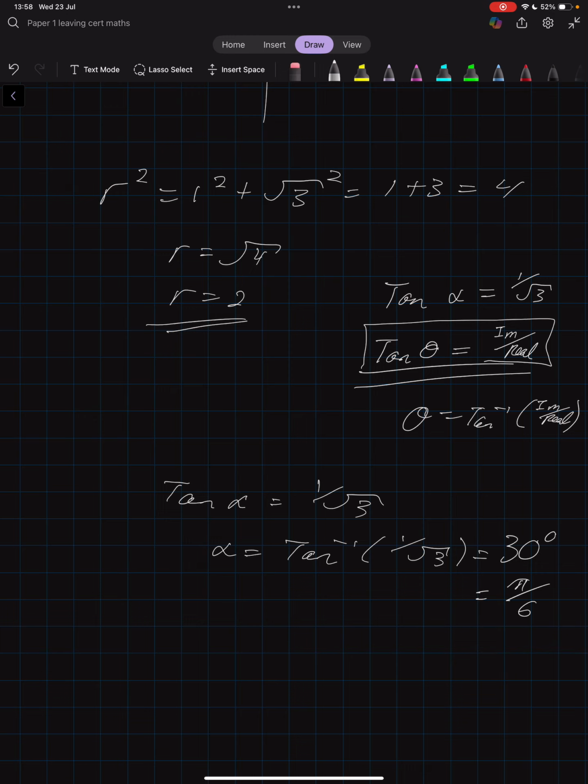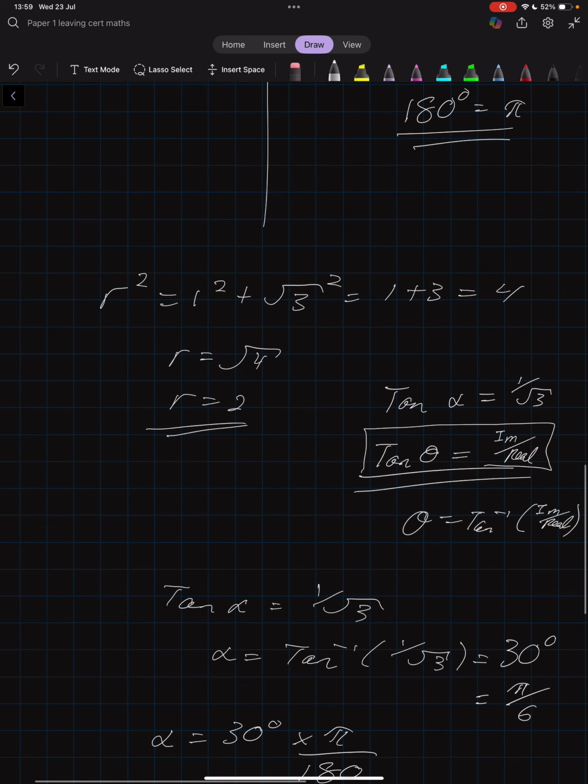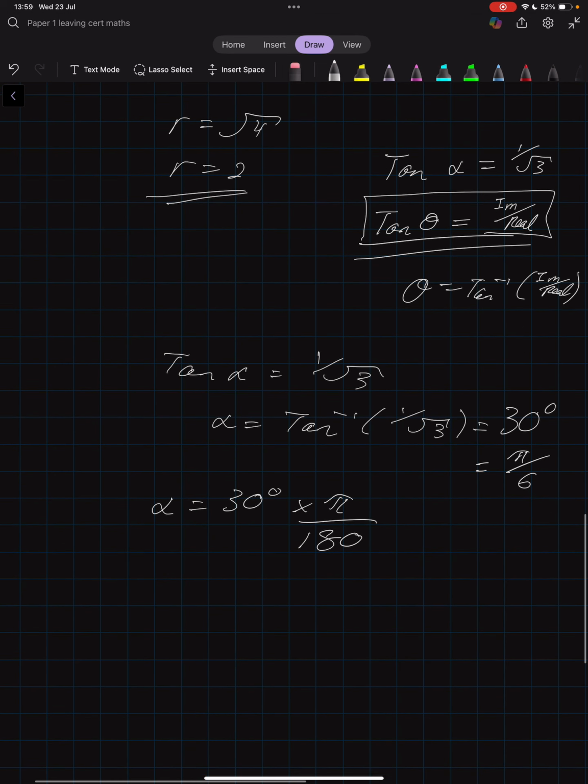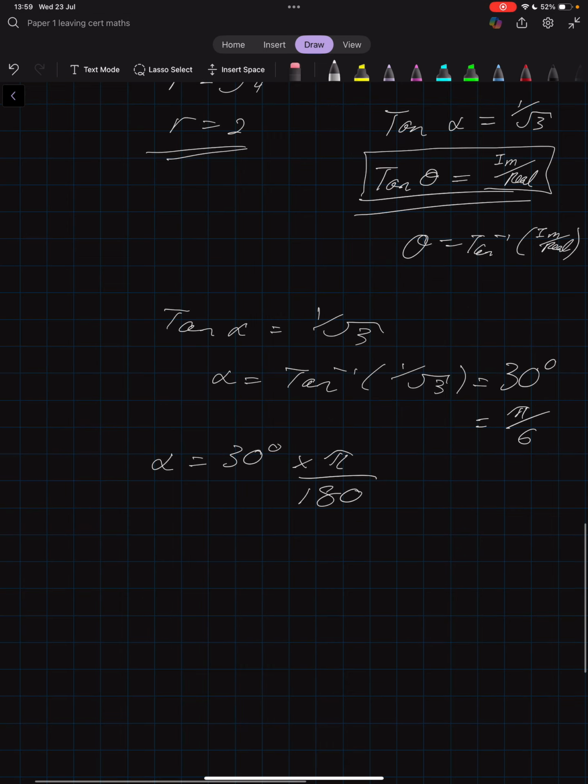But to go from degrees to radians, you basically multiply by pi and divide by 180. Because remember, pi is equal to 180, and therefore if I multiply by pi over 180, I'm multiplying it by 1. Just to be clear about that. So this is equal to pi over 6, and that's what you would have gotten here.